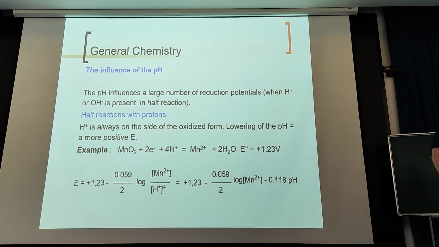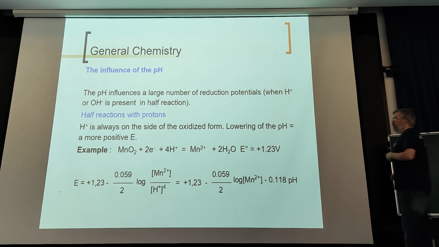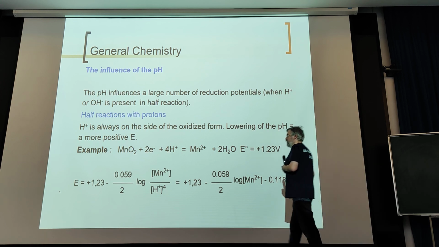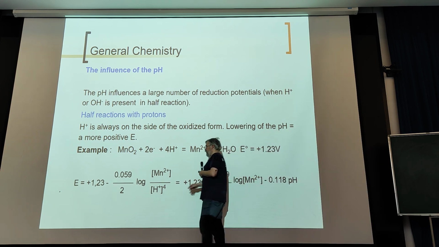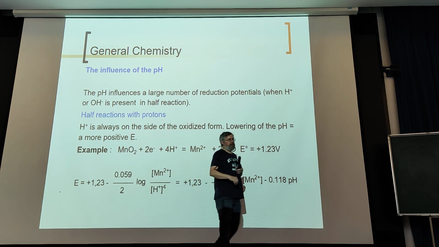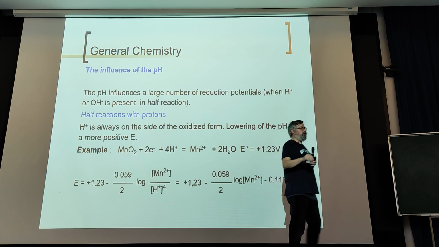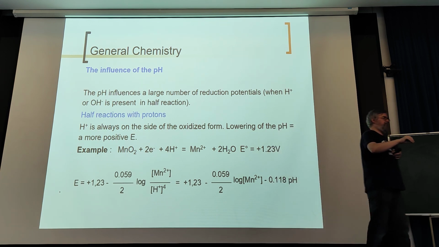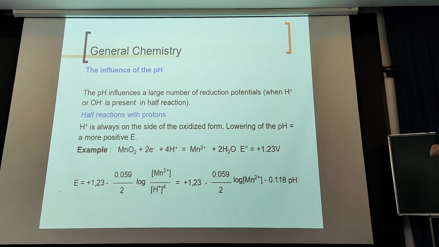Now, as usual, we can split up the logarithm. The logarithm of 1 over H plus to the 4th power can be split off. That's the negative logarithm of the 4th power of H plus, or 4 times the negative logarithm of H plus, and the negative logarithm of H plus is pH.